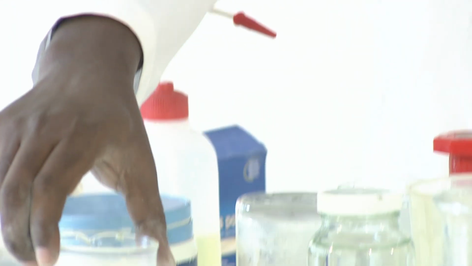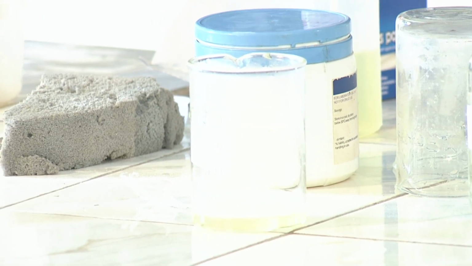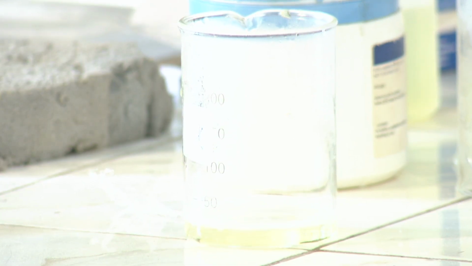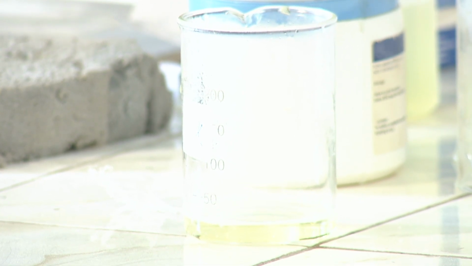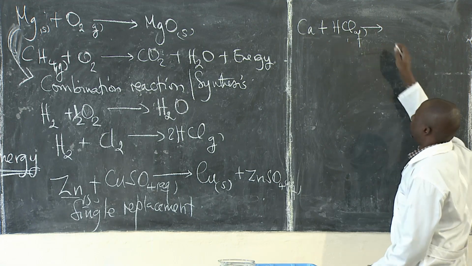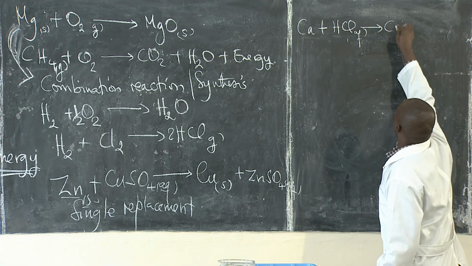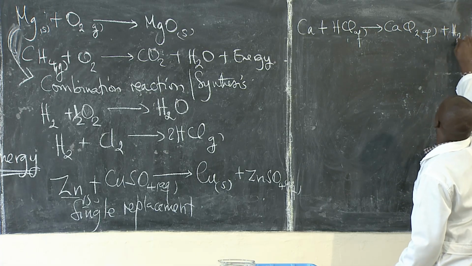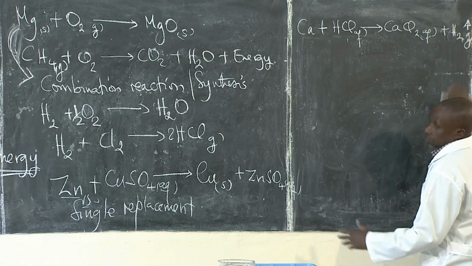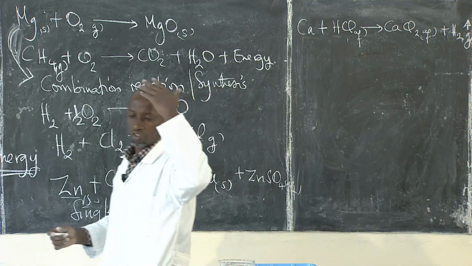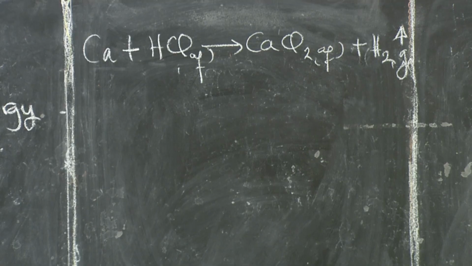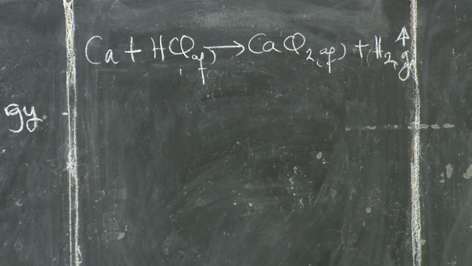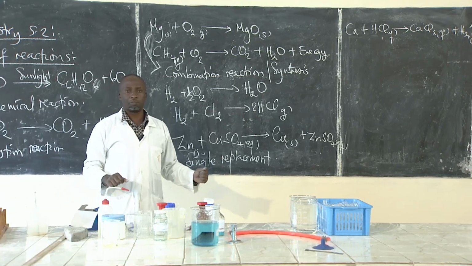So it means that calcium is reacting with HCl, and when it reacts with HCl, the calcium metal displaces this hydrogen, and then you have calcium chloride plus hydrogen gas. That is the gas being produced, just coming out of the solution. So the calcium is used up now. That is another type of reaction that we call single replacement.